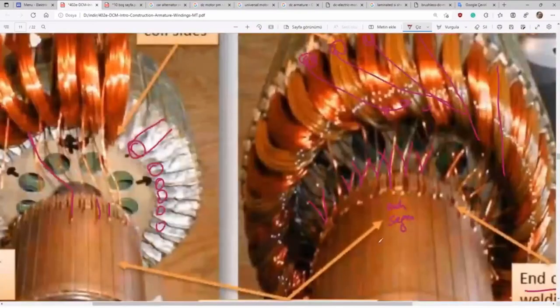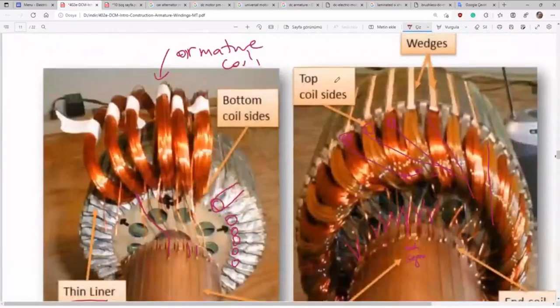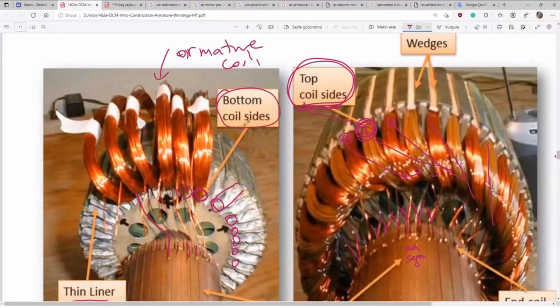All segments will be connected to two conductors, top sides and bottom sides. Here you see top sides of the double layer, and here you see bottom sides of the two-layer winding.